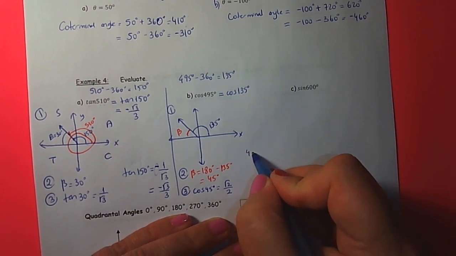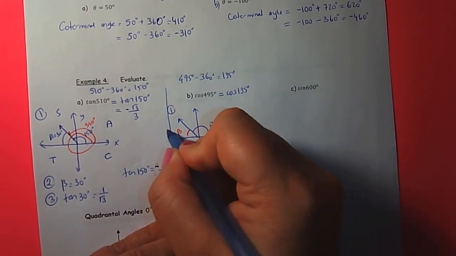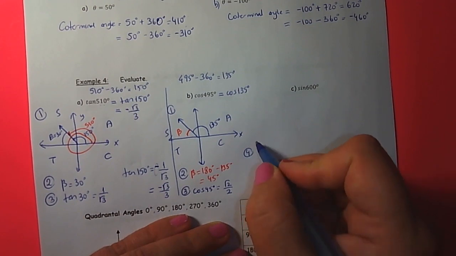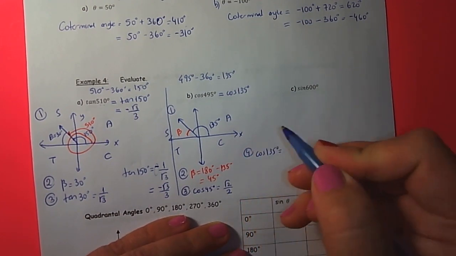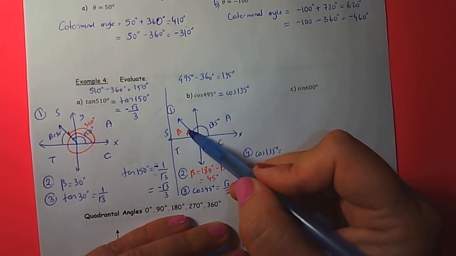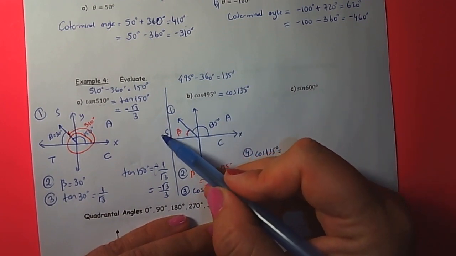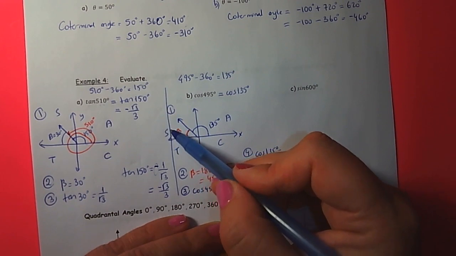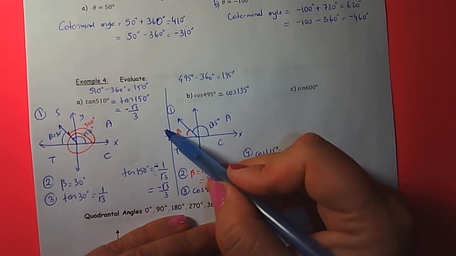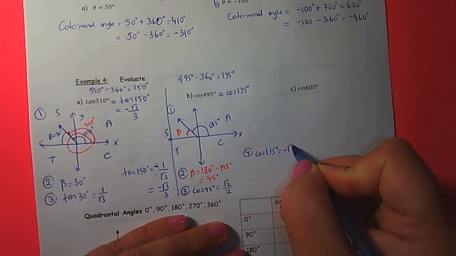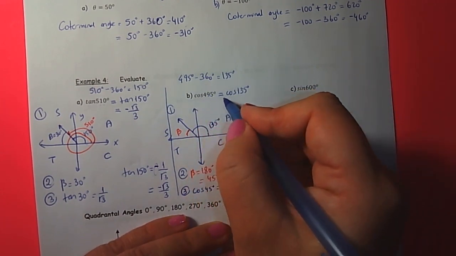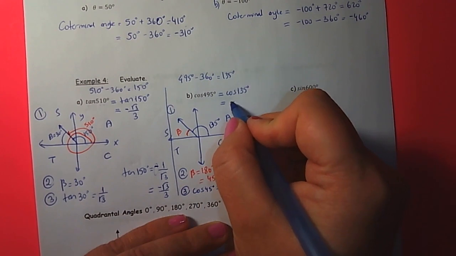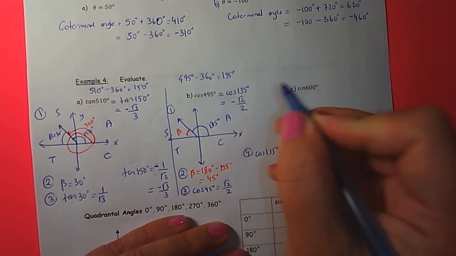Then step 4, use CAST to write the ratio for the angle. Cosine 135 is, we are in quadrant 2. In quadrant 2, sine is positive, cosine must be negative. So negative root 2 over 2. Therefore cosine 495 is equal to negative root 2 over 2.